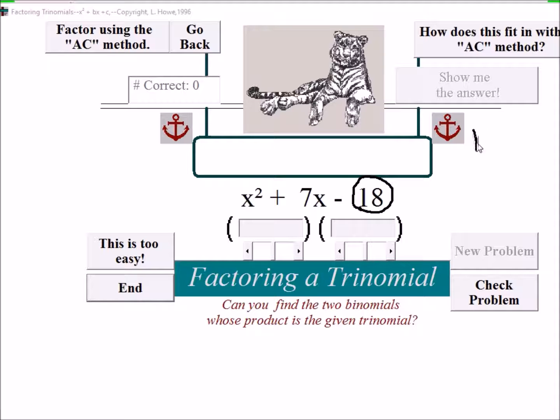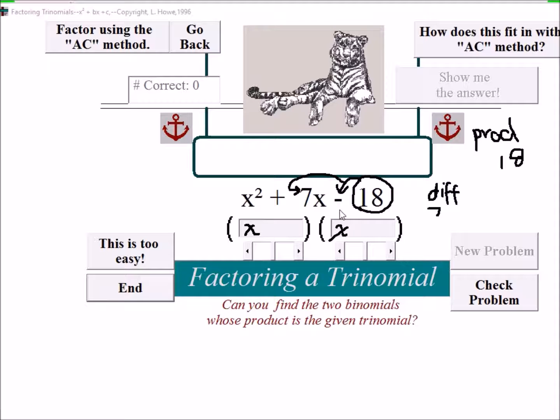Now this is kind of a hard one because there are lots of things that give you 18. But now I'm going to read, and whose difference is 7. So product is 18 and whose difference is 7. This should be enough clues for me to figure out what each of these quantities has to be.